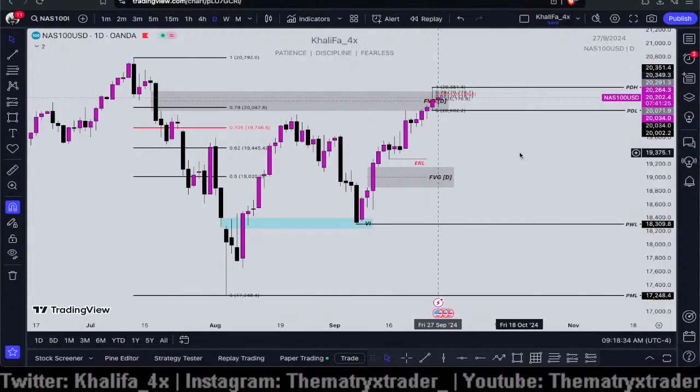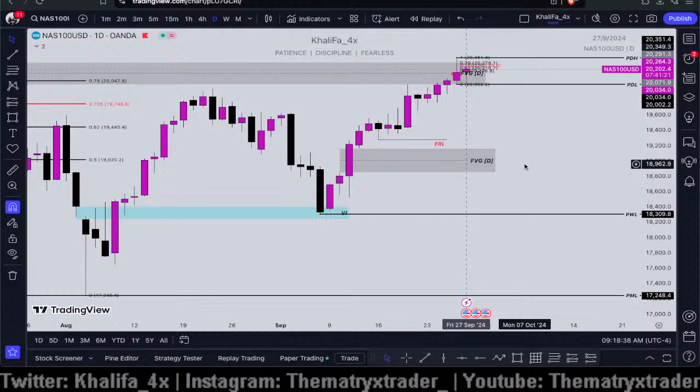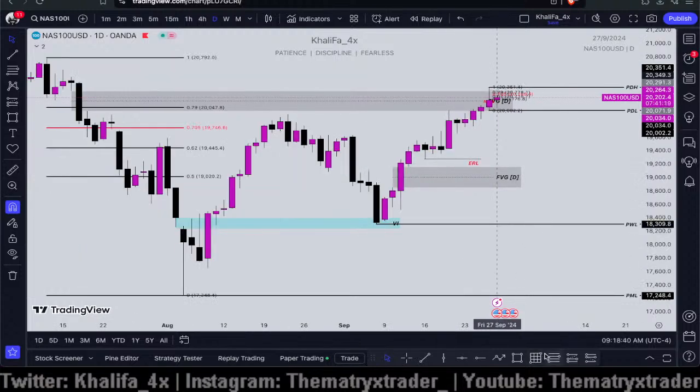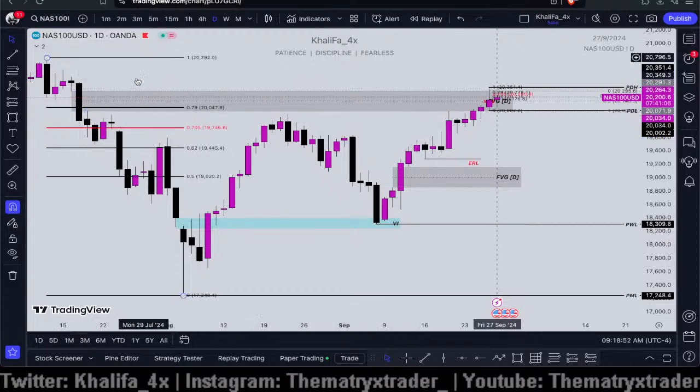Alright. So this is the zone. Let me mark out this as well. Now you see we are in this fair value gap. Alright. So I mark out these levels as well.